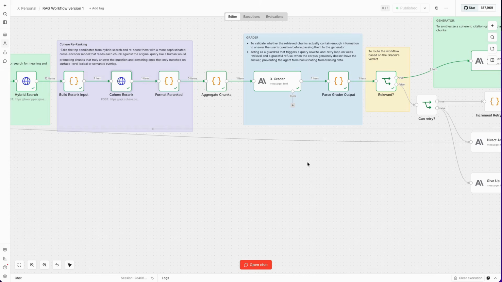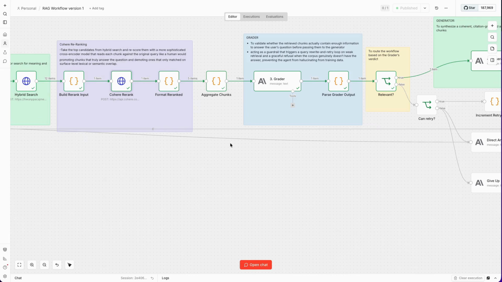Now the grader's job is to validate whether these chunks that came back from the re-ranker actually contain enough information to answer the user's question. This way it's acting as a guardrail that triggers a query rewrite and a retry loop on weak retrieval.